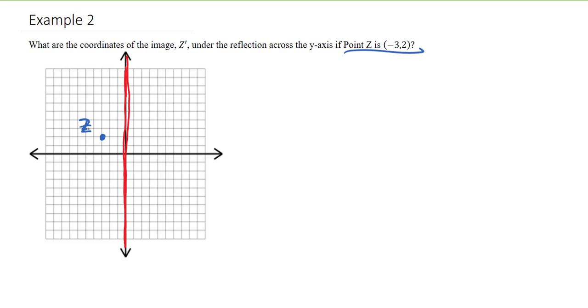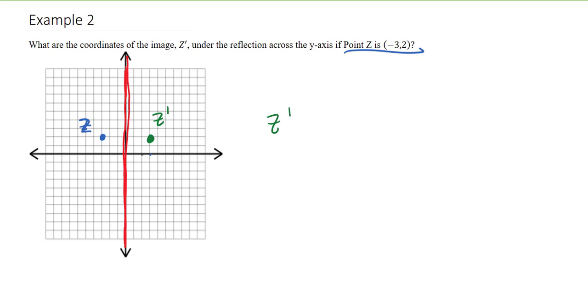Now we need to plot z prime. It's going to be on the opposite side, so on the right this time. We need to go over 3, because this is over 3. We end up right there. Let's draw that as green, and then we have z prime.